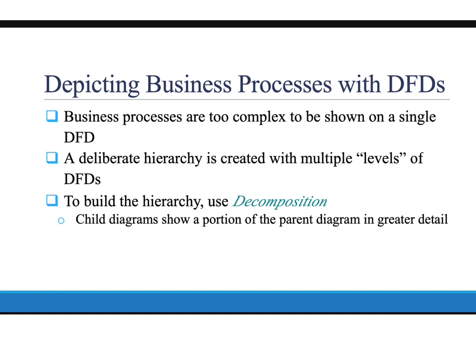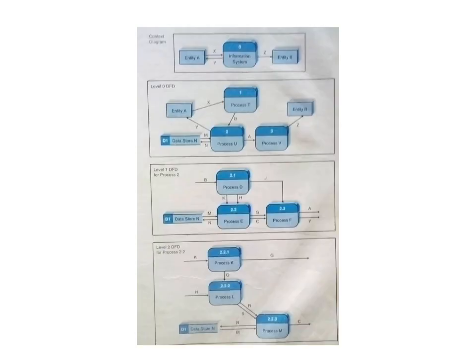That gives rise to the different hierarchies or decompositions that come in when you are creating a data flow diagram. Let us look at these different levels. Basically, we have the context diagram, the level 0 diagram, the level 1 diagram, and the level 2 diagram. As we can see, the context diagram is a high-level model of the system.